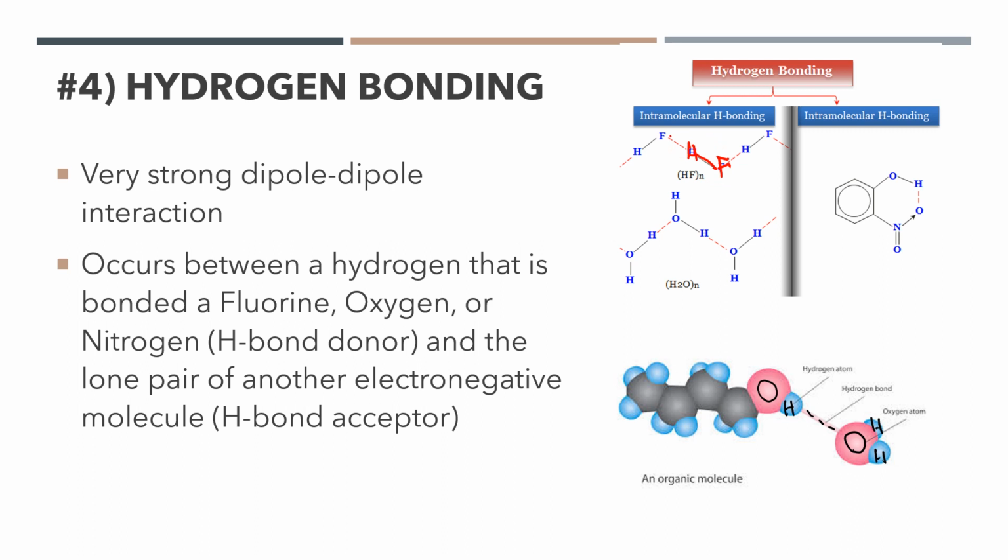It can then form a bond with a lone pair because you have a hydrogen that is bonded to one of those guys. Same thing with water and even this guy right down here. When you're looking at a hydrogen bond, there's two parts. There's the hydrogen bond donor and there's the hydrogen bond acceptor. So the hydrogen bond donor is going to be the actual hydrogen that gets exchanged.